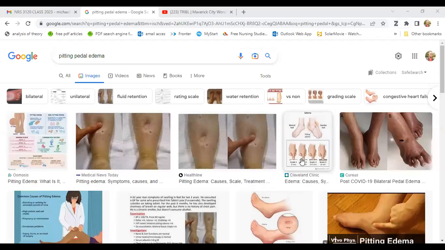So let's look at these images here. Okay, so I'm sure you're able to see these images here. So here, the health worker had applied, let me pick a spotlight so that you're able to see.